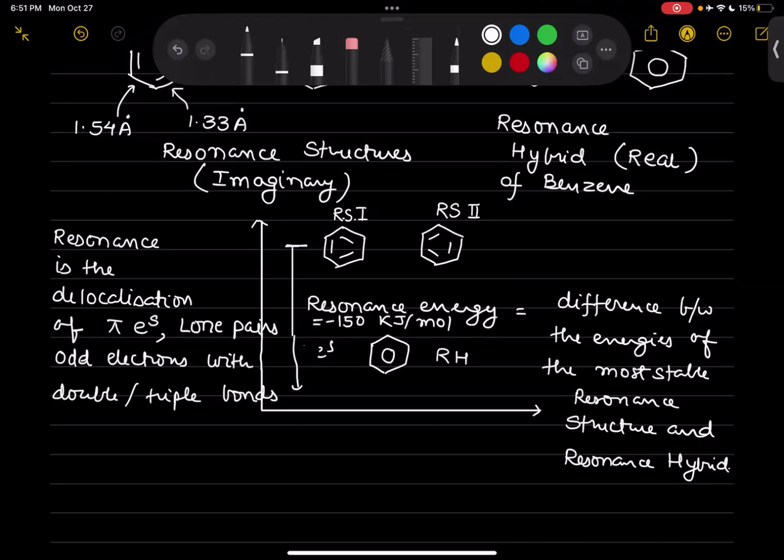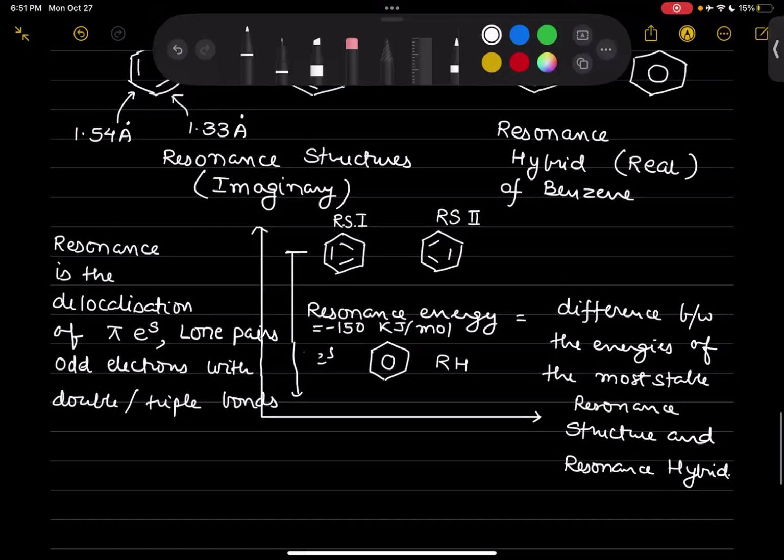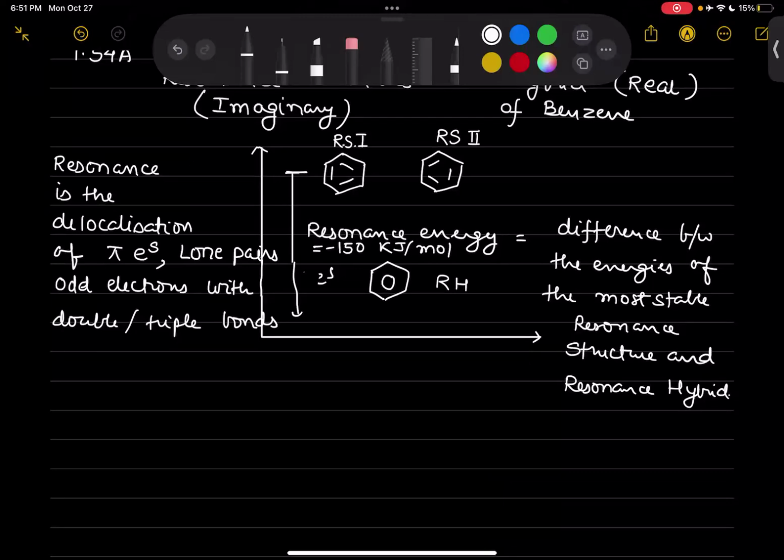There is also a definition for resonance energy. How will you define resonance energy? The difference between the most stable resonance structure and the resonance hybrid. Got it. Clear.